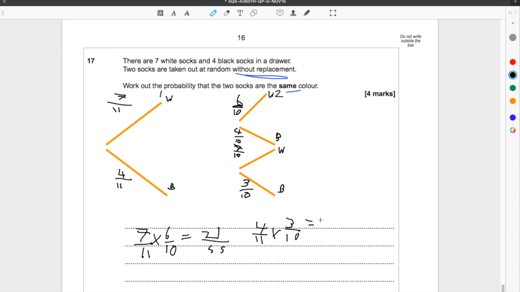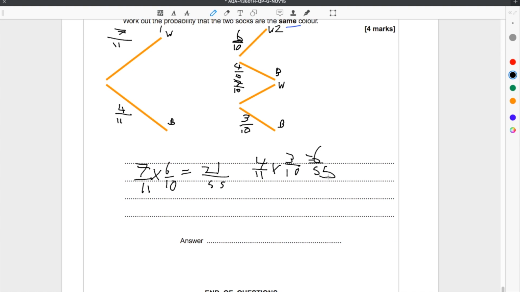And on a calculator that gives us 6 out of 55. So the probability that the 2 socks are the same colour is these 2 values added together. 21 out of 55 plus 6 out of 55, which is 27 out of 55. And that won't simplify, so that is our answer.